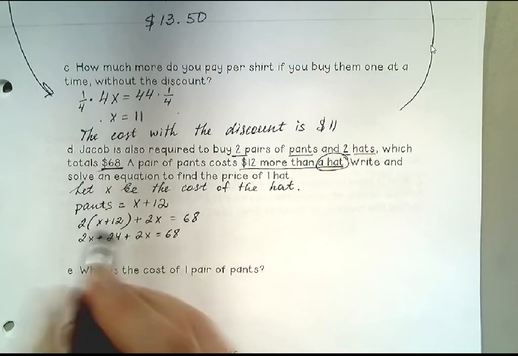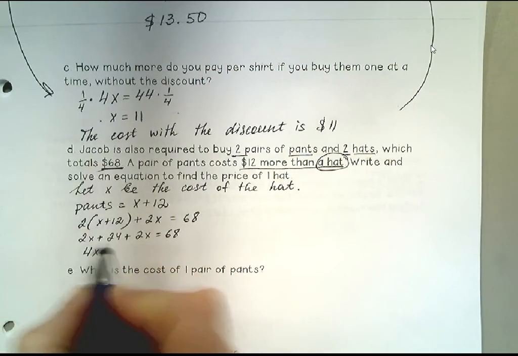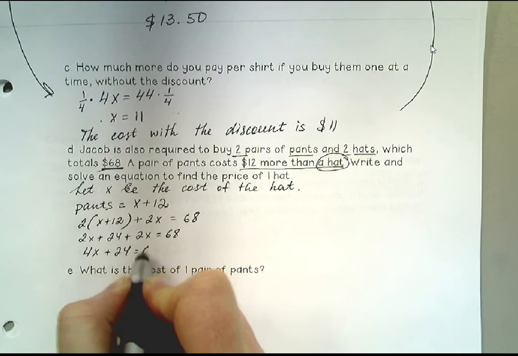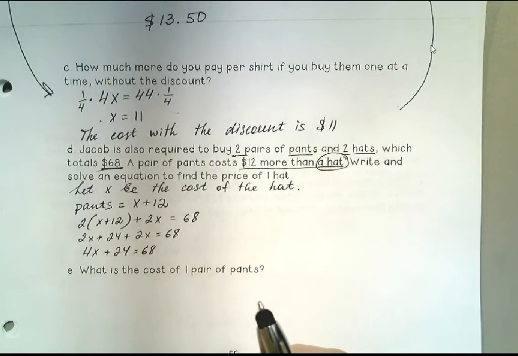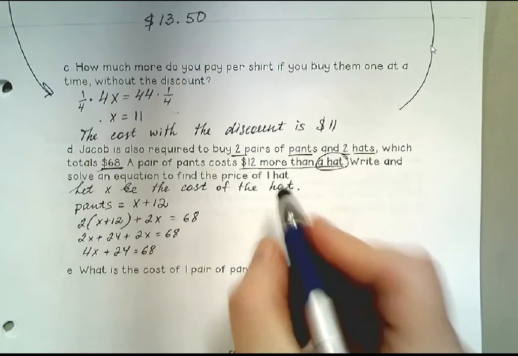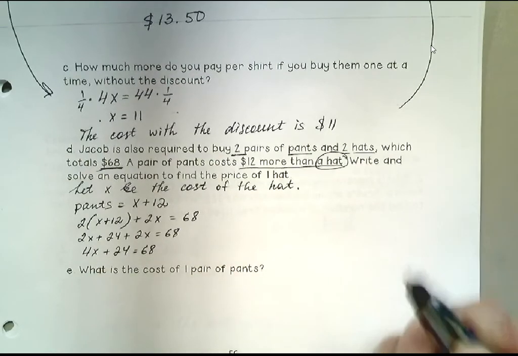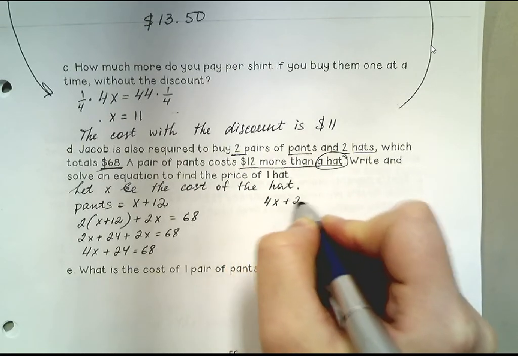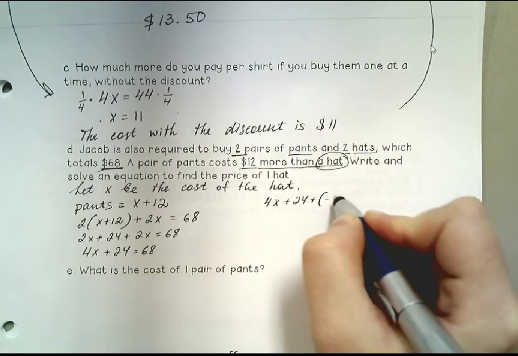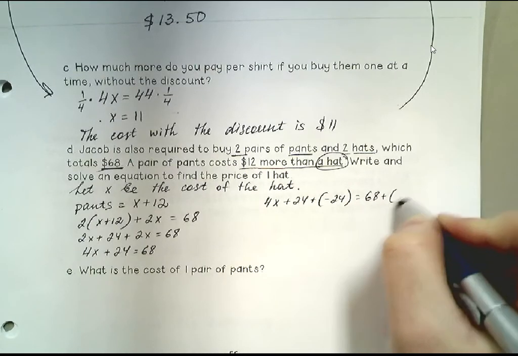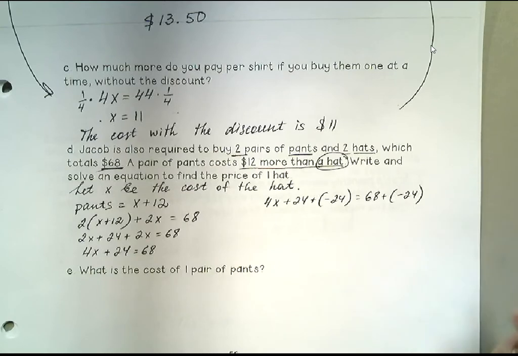From there, we will have 4x, because we are combining 2x and 2x, plus 24 equals 68. And then we are going to add the additive inverse to find out what 4x is. So we will have 4x plus 24 plus the opposite, negative 24, equals 68 plus negative 24.